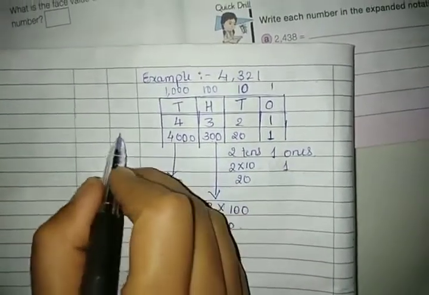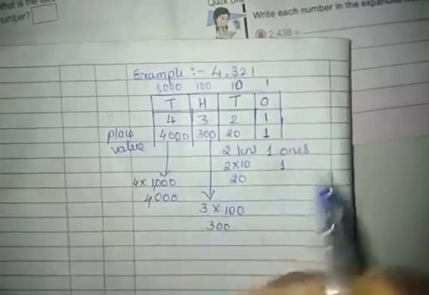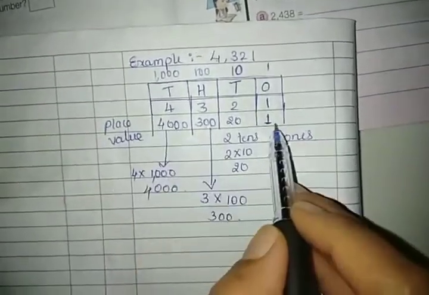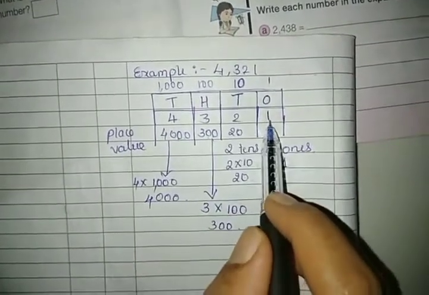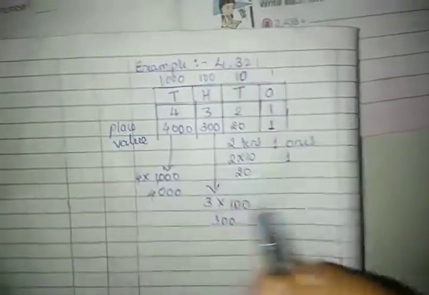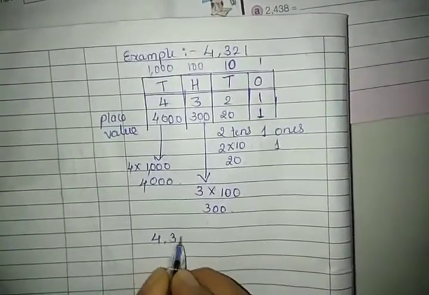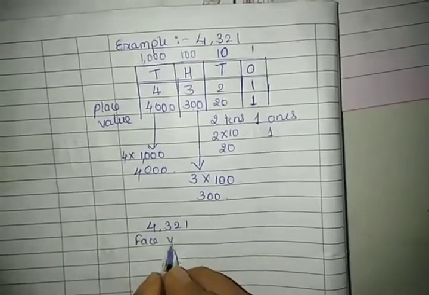These are the place values of the number 4321. Okay. Now we'll see the face value of this 4321. Now we'll write the face value.